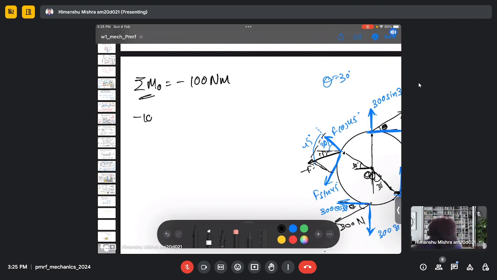So it could be written as minus 100, and it is equal to F sine 45 multiplied by 0.3. This is the moment due to this force, which has the distance 0.3 meter from point O.